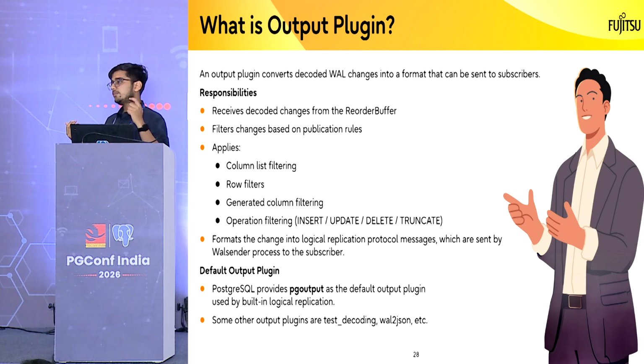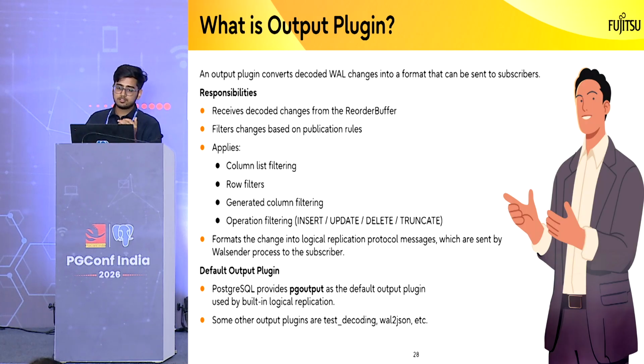While creating a publication, we specify the filters. Those filters are applied inside this output plugin, like column filtering, row filters, whether the generated columns are published or not, and what type of records are published: insert, update, delete, or truncate. Based on that, the filtering is done.